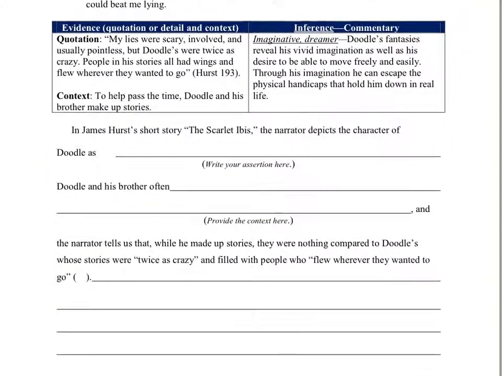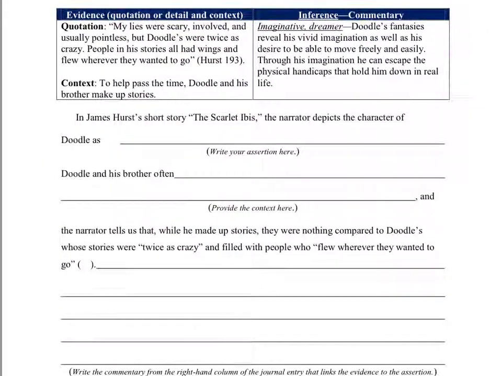Now, what we'll do at the bottom, and this is super easy, is fill in the blanks. In James Hurst's short story, The Scarlet Ibis, the narrator depicts the character of Doodle as, and here you write your assertion. Your assertion, you're going to steal this information from right here. Alright?